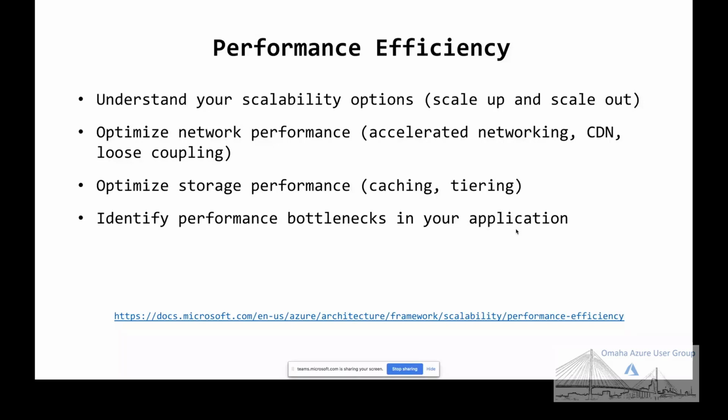But on the alternative to that, virtual machines have accelerated networking capabilities. Do you need that? Obviously, that's going to cost more money. And depending on the workload, you may absolutely rely on that, right? Another concept to help you with performance on the network side might be loose coupling. So instead of having tightly coupled systems, maybe you're distributing or you're adding some things into the mix, like caching.